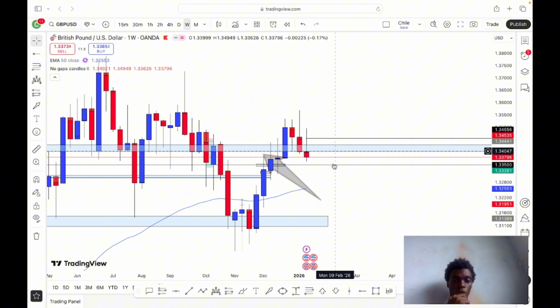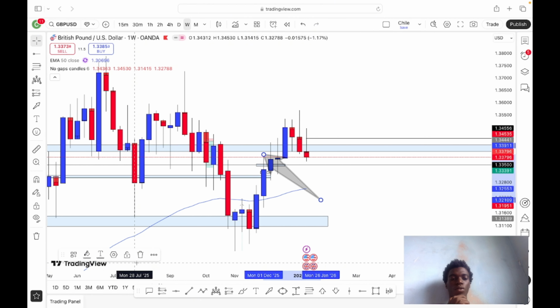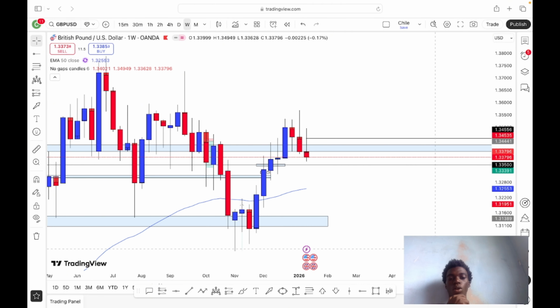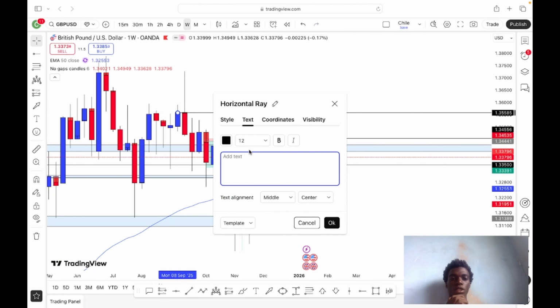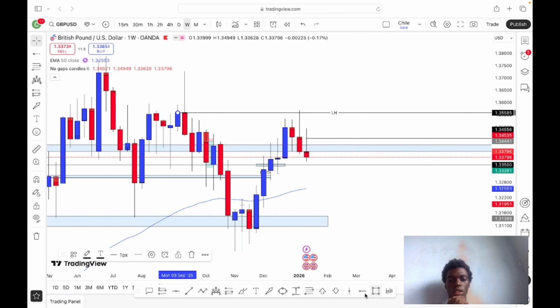Another thing which I forgot to point out, we're only looking for our area of interest in between this. This is our lower high, and this is our lower low.